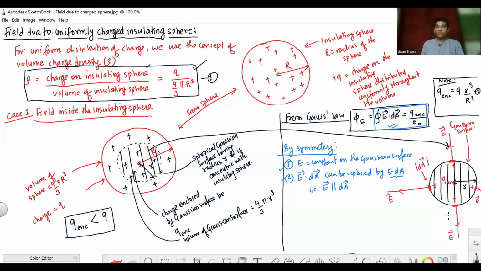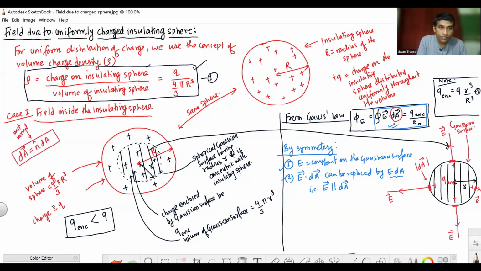Clear? Now we find vector area, and we know area vector can be expressed in this form: unit normal times the magnitude of the area, and unit normal gives the direction of vector area.